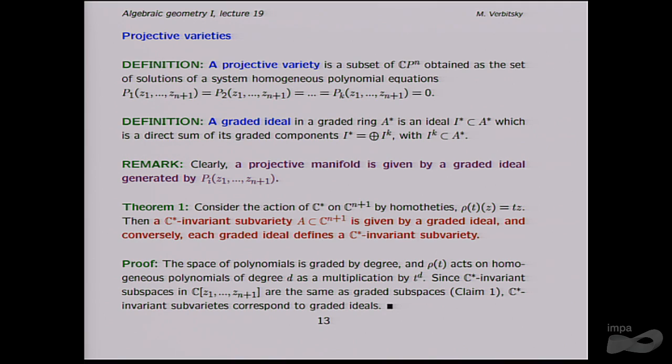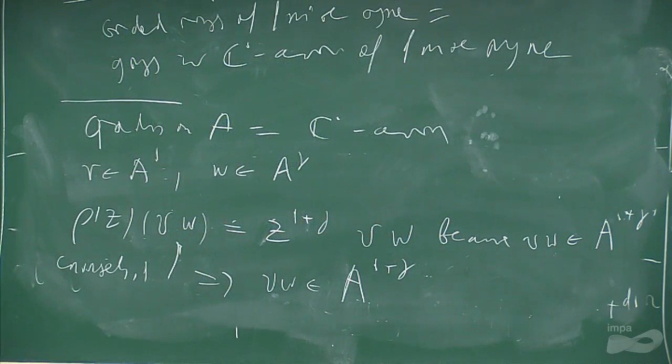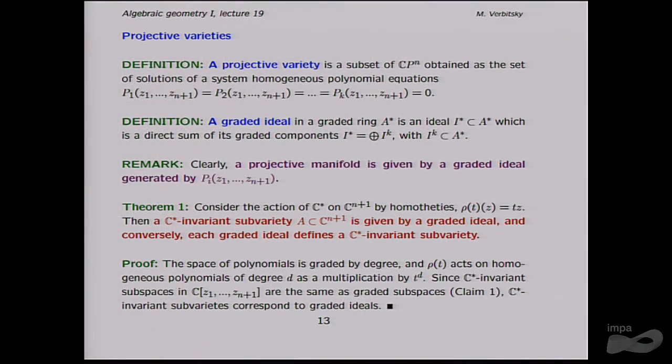Varieties which are given. In the beginning, I defined for you the projective space. Now we have that projective space is a space of lines in C^{n+1}. Every time you have a homogeneous polynomial, if it vanishes on a point, it vanishes on the whole line because it's homogeneous. So a system of homogeneous equations defines a subset in P^n, and this is what is called a projective variety.